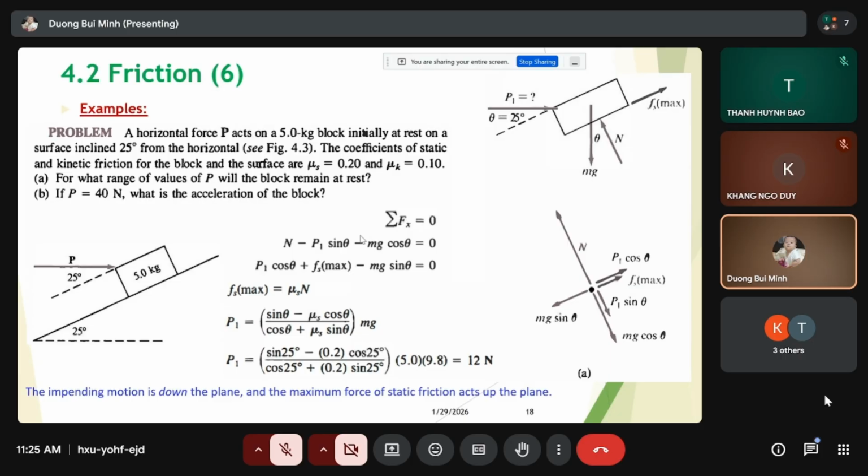This is theta, so you get here B cosine theta, and this one is B sine theta. Right?